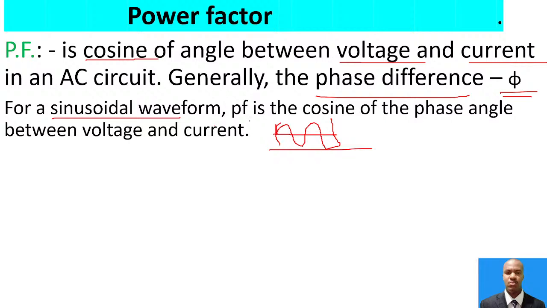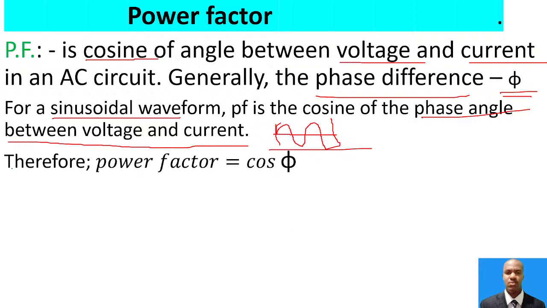We say that for a sinusoidal waveform, PF is the cosine of the phase angle between voltage and current. So therefore, power factor is equal to cos phi.